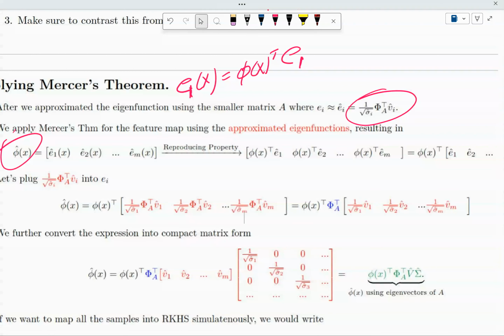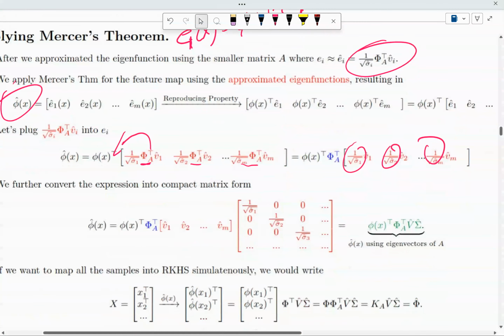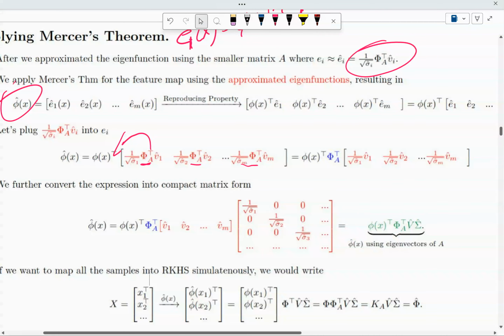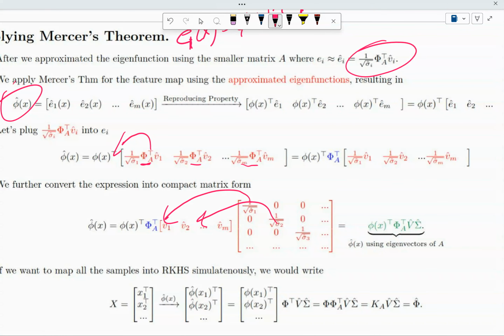After I plug them in, notice how phi A are all identical, so we can pull phi A out. Once we pull phi A out, notice how we can pull these out too. So the red portion is the red portion here. Take a quick look: if you just multiply these, this is equivalent to this notation.